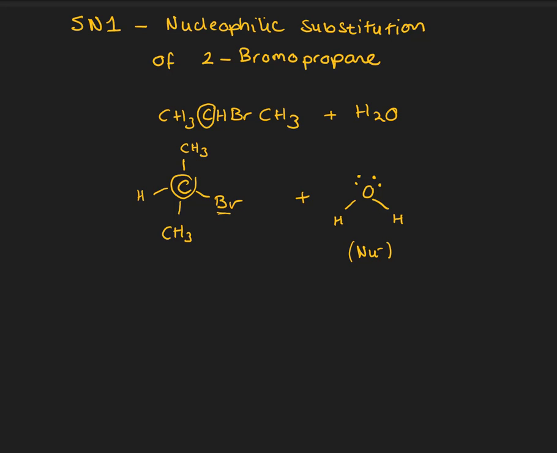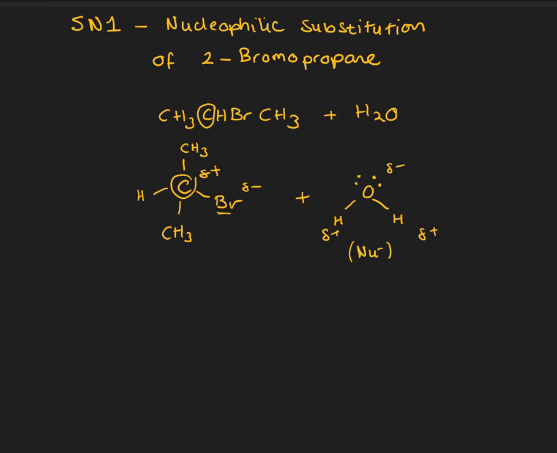I know bromine is more electronegative than carbon, and it's pulling electrons towards itself, giving itself a slightly negative charge. And this gives carbon its partially positive charge. Something similar is happening on oxygen, because water is a polar substance, so it has two different poles. One is slightly negatively charged because the electrons have been pulled towards the more electronegative oxygen, and the hydrogens are slightly positively charged.